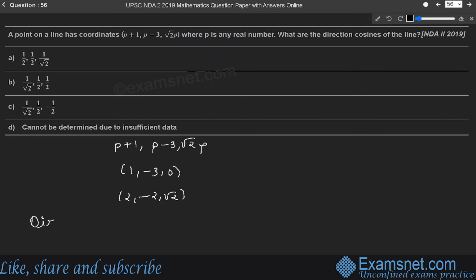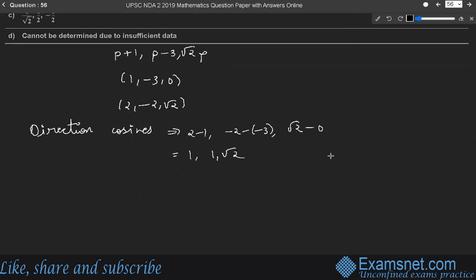Therefore, direction cosines will be equal to 2 minus 1, minus 2 minus minus 3 and root 2 minus 0. So it will be 1, 1 and root 2. Now the magnitude for this direction cosines will be equal to under root of 1 square plus 1 square plus root 2 square, which is 2.